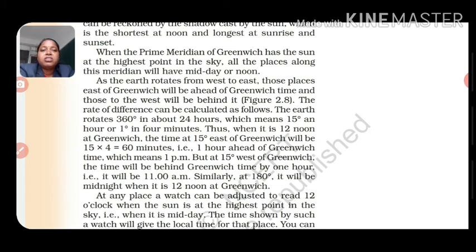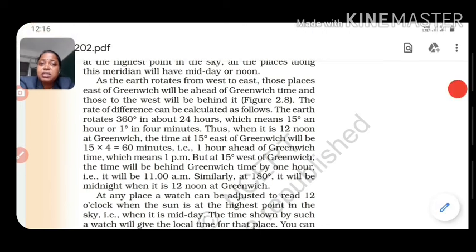Okay, so the rate of difference can be calculated as follows. The earth rotates 360 degrees in about 24 hours, which means 15 degrees an hour and 1 degree in 4 minutes.